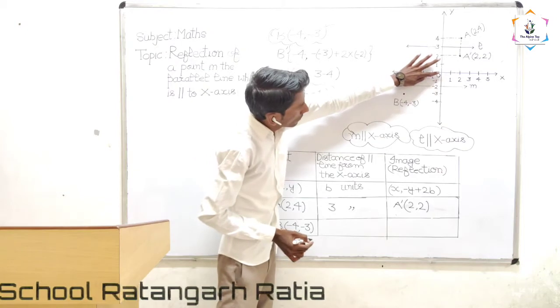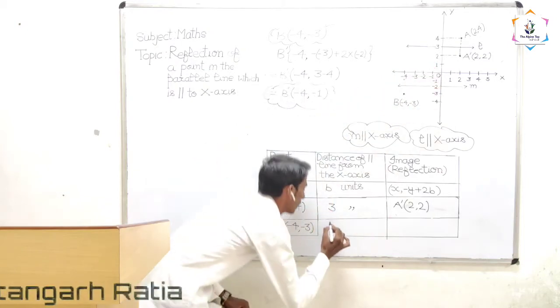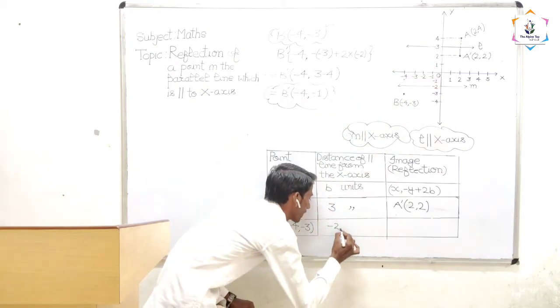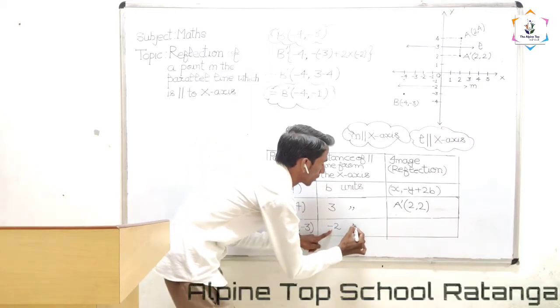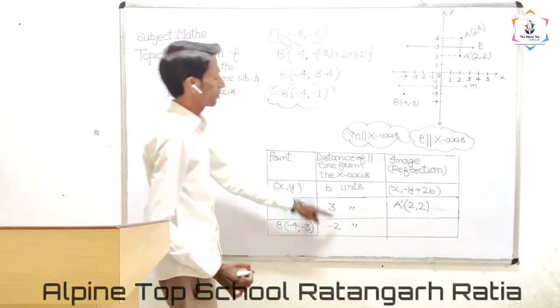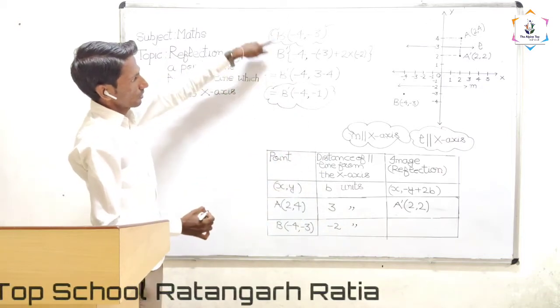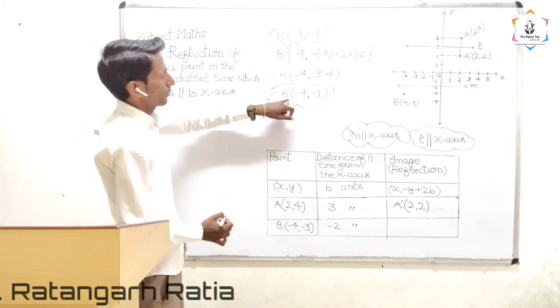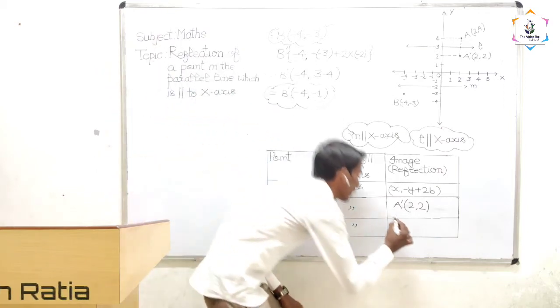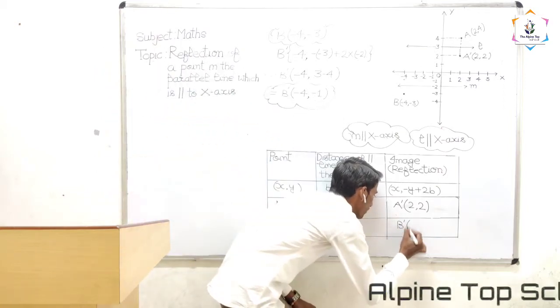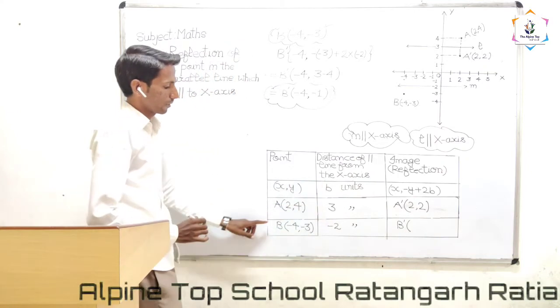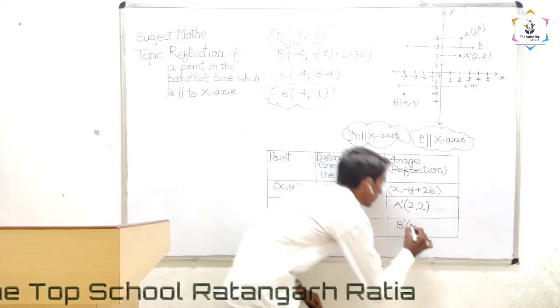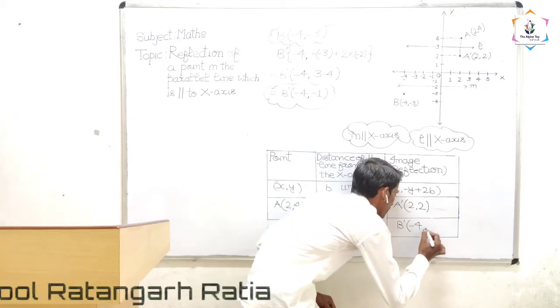The distance is 2, but due to the negative direction of the y-axis, we have to write -2 units. According to the calculation, what image did we get? The image of point B is B dash, and the coordinates we have got are -4 and -1.